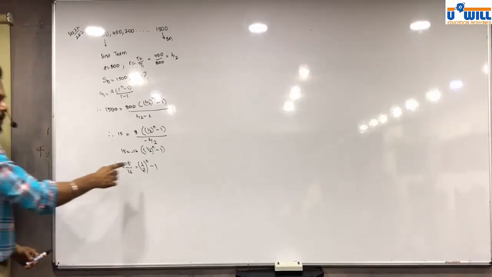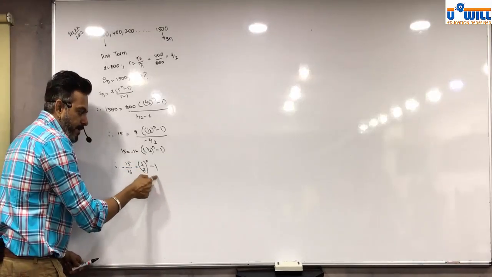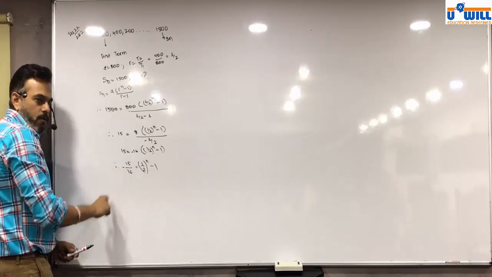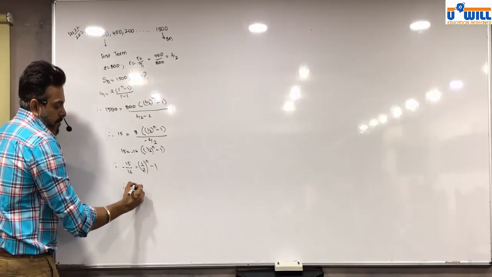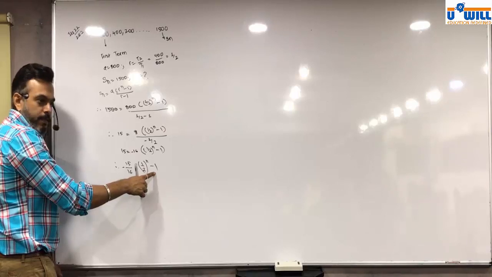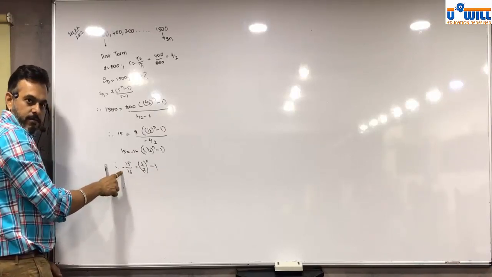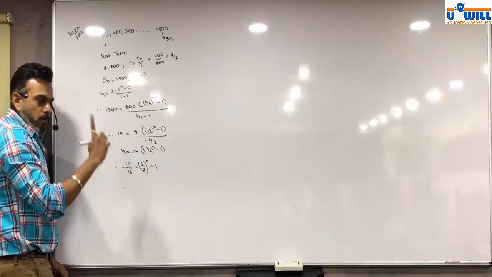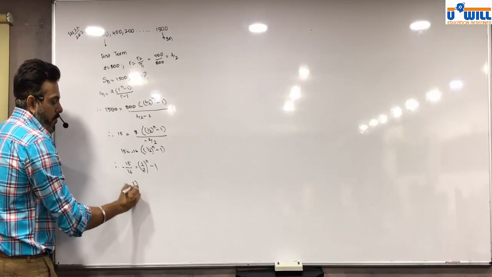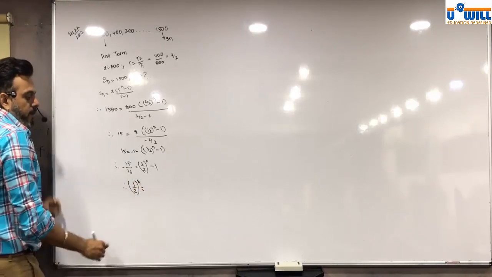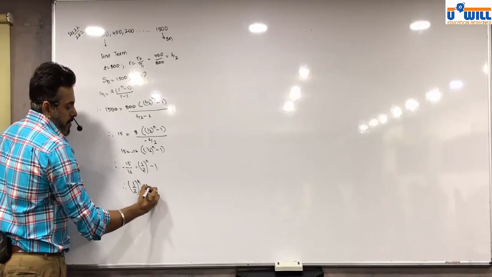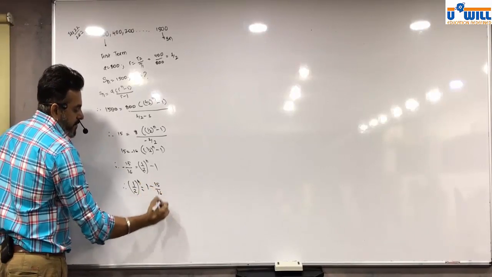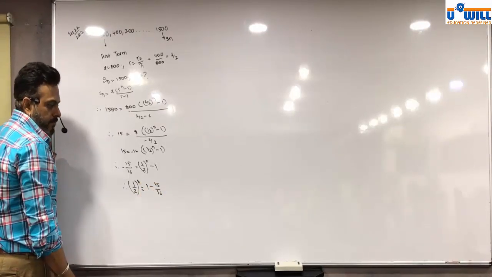What we will do for this one? This minus 1 will become plus 1. Therefore, समझ में आई है? ये minus 1 इधर आ जाएगा. So it will become plus 1. So 1 by 2 whole raised to n is equal to 1 minus 15 by 16.